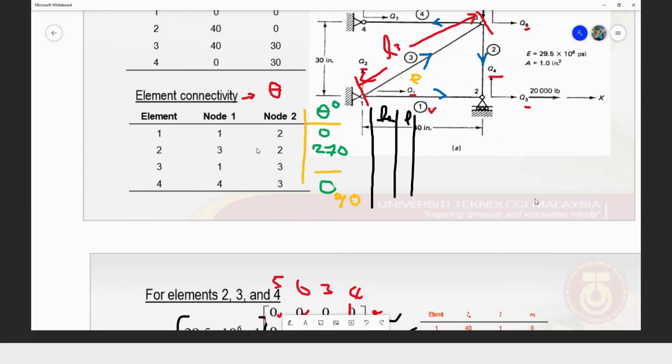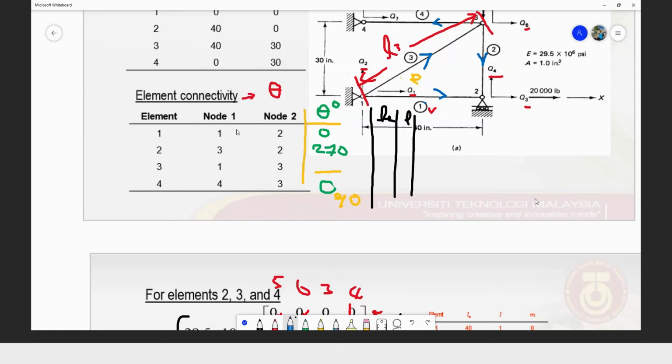Dia tak ada ditulis dekat mana-mana pun. Then we engineer have to decide how our element is connected between each other. So in some cases, dalam practical exam, we even didn't provide you the element connectivity, so you have to decide yourself.